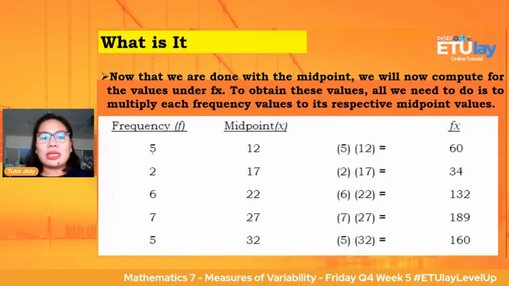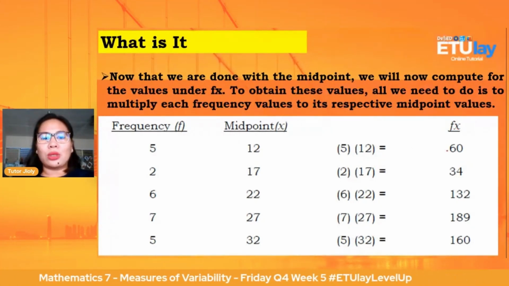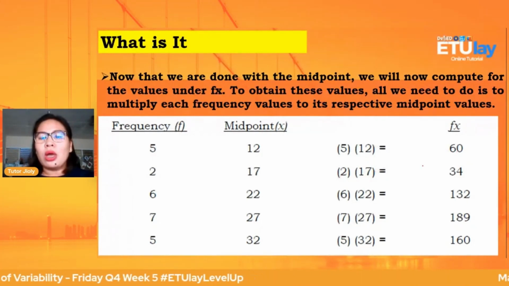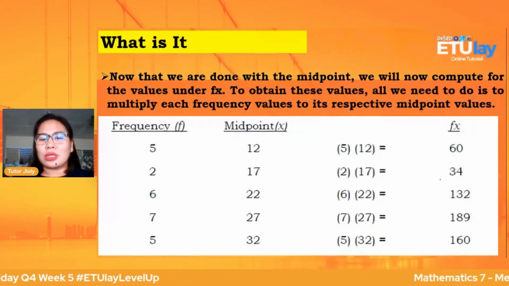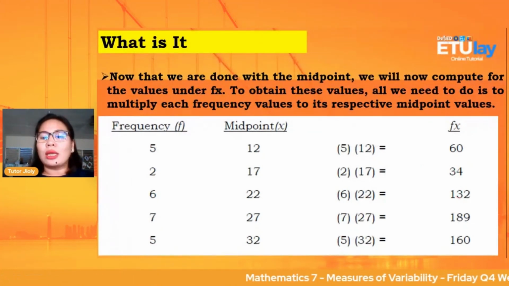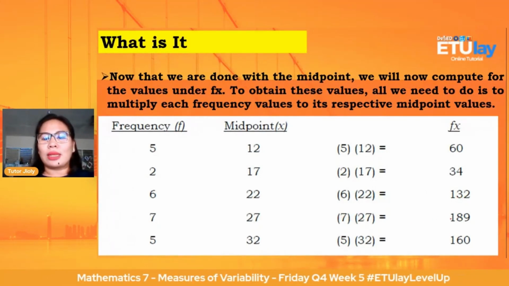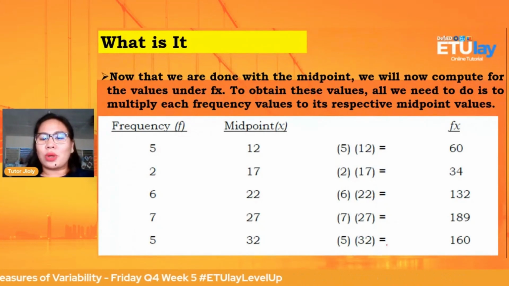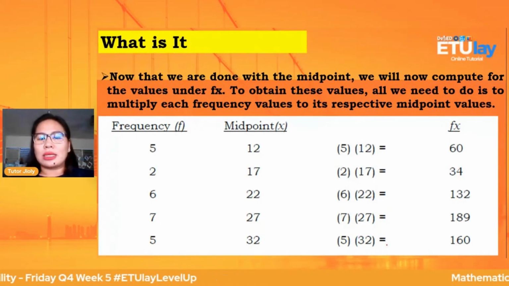Okay, so this time we had 5 multiplied to 12, kaya nakuha natin si 60. Same with 2, multiply to 17, the answer is 34. 6 times 22, that is 132. 7 times 27, that is 189. Then 5 times 32, that is 160.